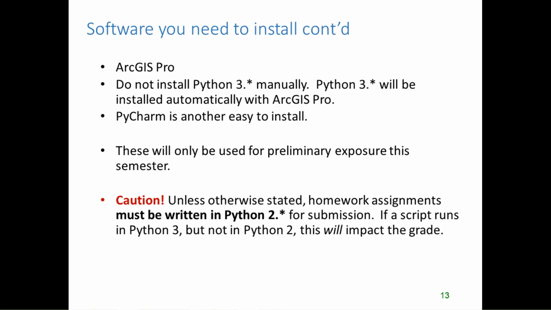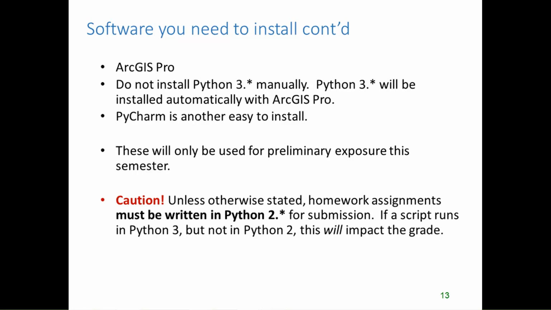This semester, we will also install ArcGIS Pro and PyCharm. ArcGIS Pro uses Python 3. The installation instructions show how to use PyCharm for ArcGIS Pro's installation of Python. Again, don't install Python 3 separately. This will be automatically installed with ArcGIS Pro.